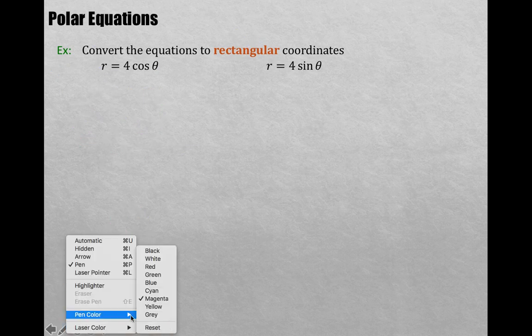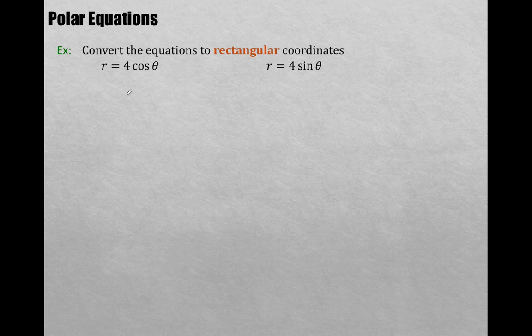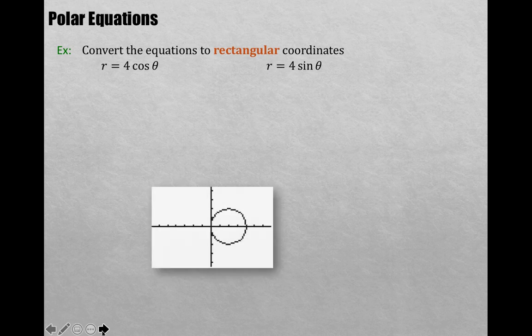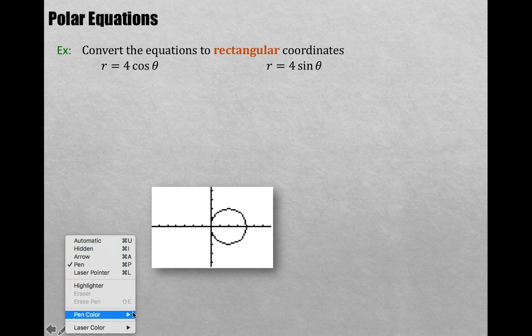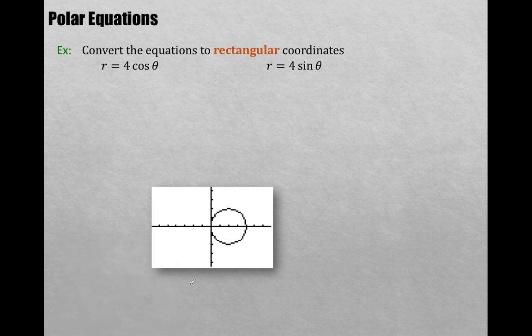I'm going to do a little bit better job of drawing this. Oh no, I think maybe I did. I captured this from my calculator. So if you want to go ahead and put 4 cosine theta into your calculator, I want you to train your brain to think about graphing in polars, right?